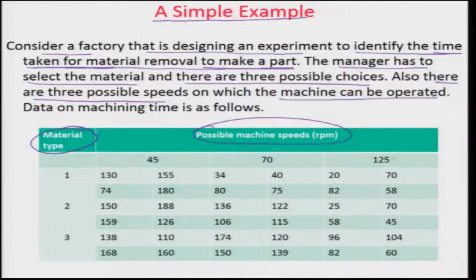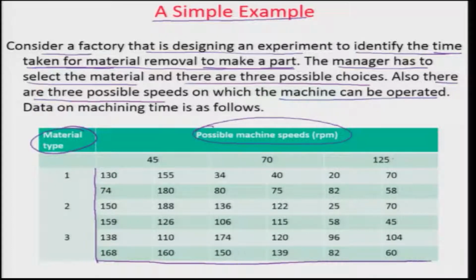So, what we are collecting here is the time taken to machine the part.